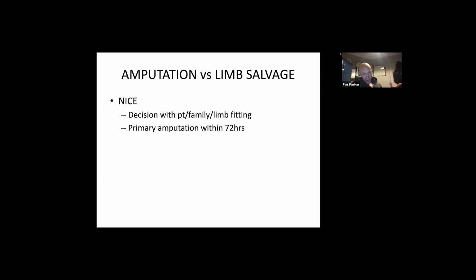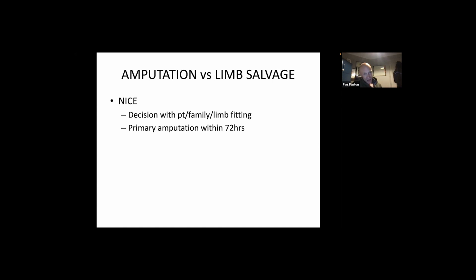And that would involve not only the surgical team, that would involve limb fitting teams. In our unit, the limb fitting team are not based in the hospital, but they would come and see the patient as soon as the team decided that amputation was an option for them, and the patient would be very much involved in that decision.